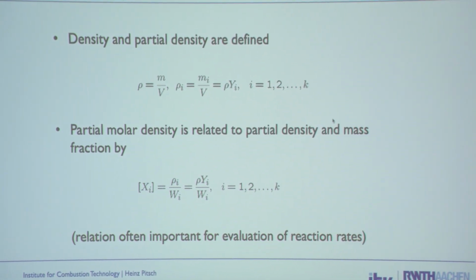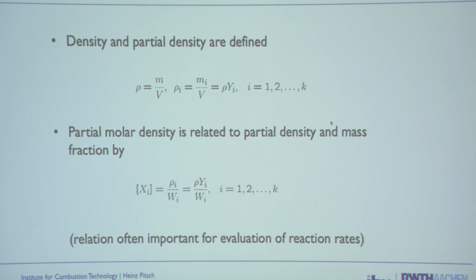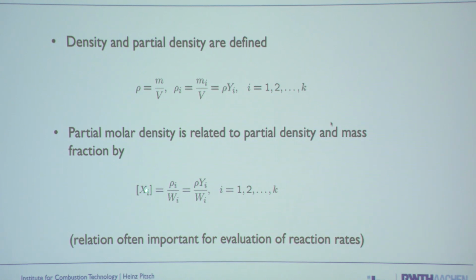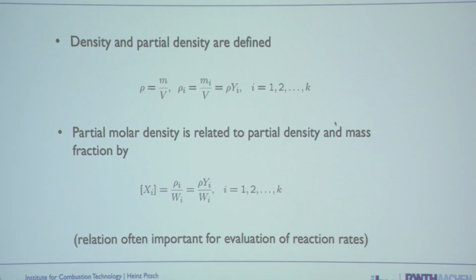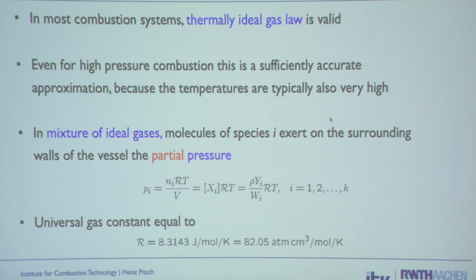It's just given here, and you can very easily derive it. It's important because reaction rates are proportional to concentration, but we want to write the species balance in terms of mass. So we need to be able to convert concentration into mass, that's all: density times mass fraction divided by molecular weight.